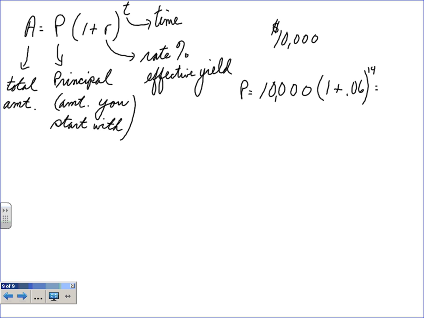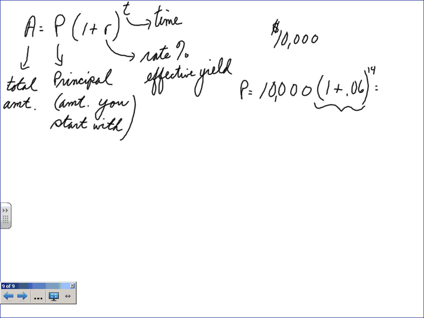By the way, what is the 1.06? What is that called? Do you remember? Multiplier. The 1.06 is the multiplier. Okay? And then we want to raise that to the 14th power.